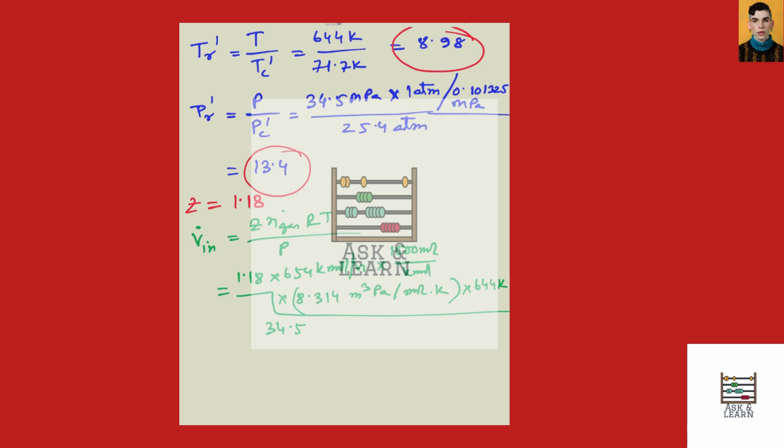The pressure of the system is 34.5 megapascal. Let's convert it to pascal by multiplying by 10 to the power 6. Therefore, we get the volume of gas necessary as 120 cubic meters per hour.